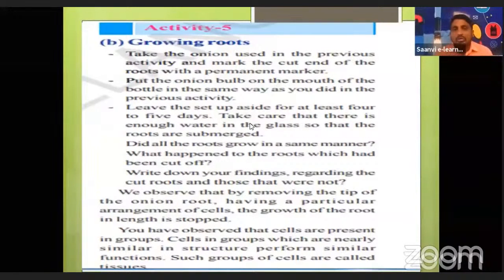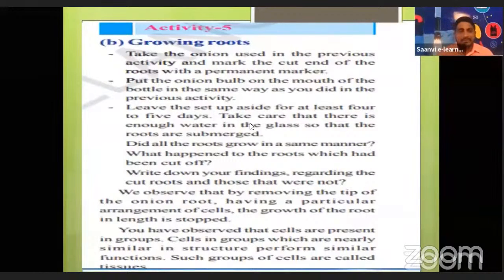Did all the roots grow in the same manner? What happened to the roots which had been cut off? Write down your findings regarding the cut roots and those that were not.